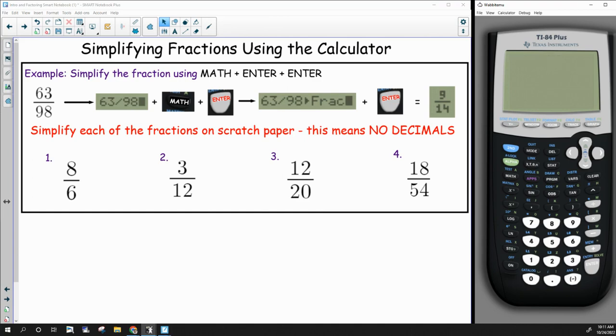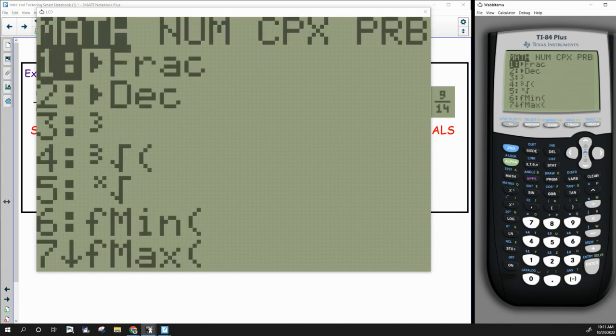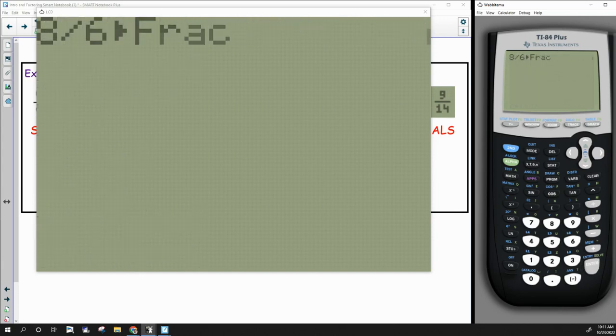The next one is 8 over 6. So type in 8 divided by 6, and you click math, enter, enter. And it simplifies to 4/3. That's it.